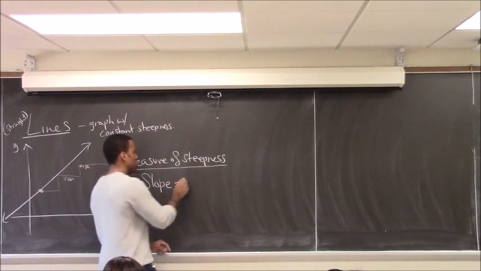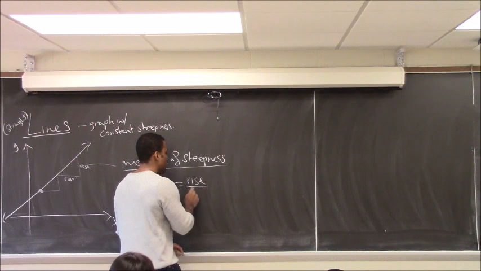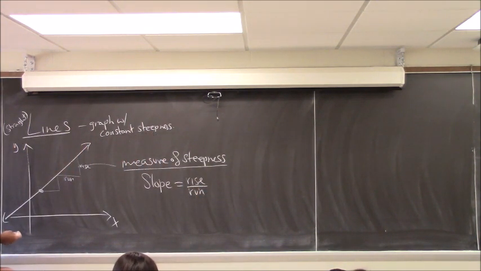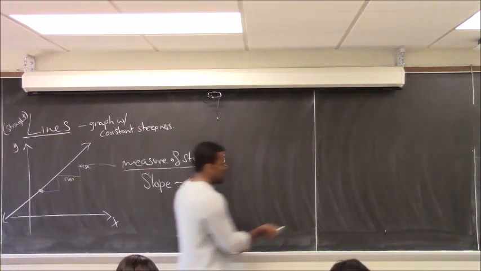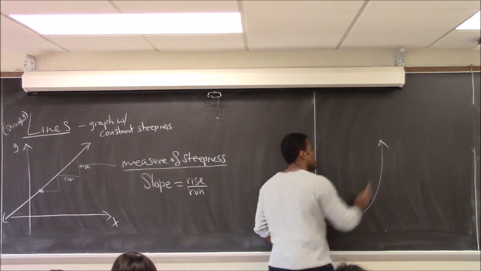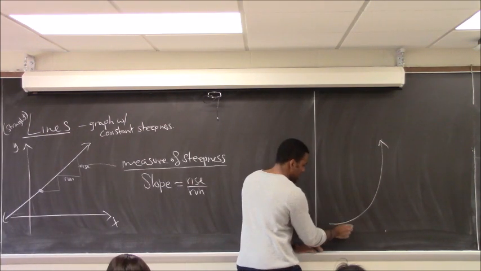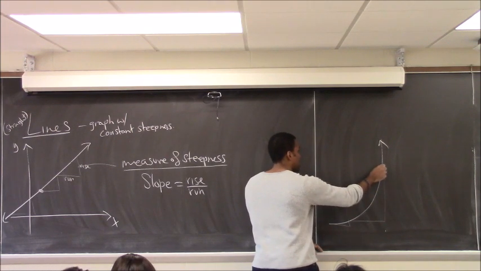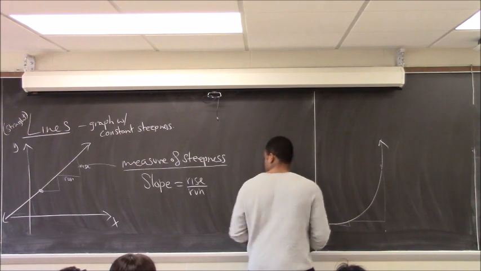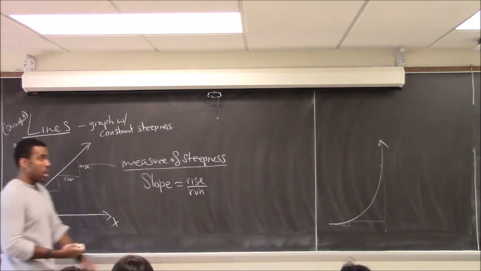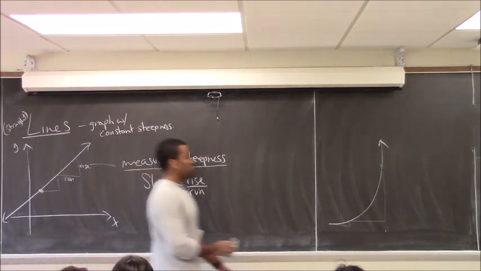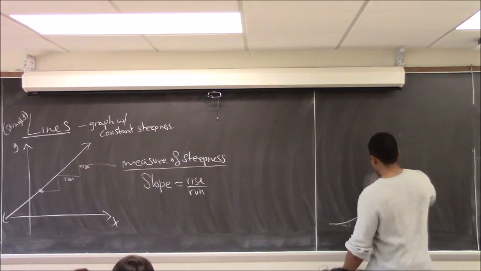And the slope is the ratio, rise over run. For a straight line, this will always be the same. For anything that's not straight, it's not going to be the same. If you have something, we'll talk about curves that look like this pretty soon, you notice that if you take the ratio here, it's going to be very different from the ratio there because it's not straight. Straight lines are the only thing where that rise over run is always going to be the same number.